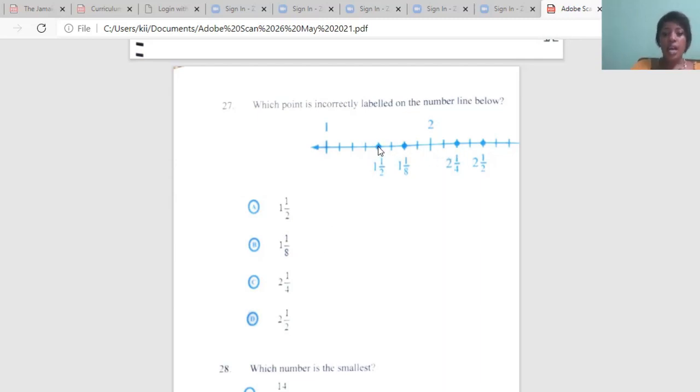So if this is a half, 1/8 would be another. This is 1 3/4. This is not 1/8. So I know this is the one that is represented incorrectly, because a half is bigger than 1/8, so it wouldn't be 1/8 after a half. So I can almost say that this is the incorrect labeled number.